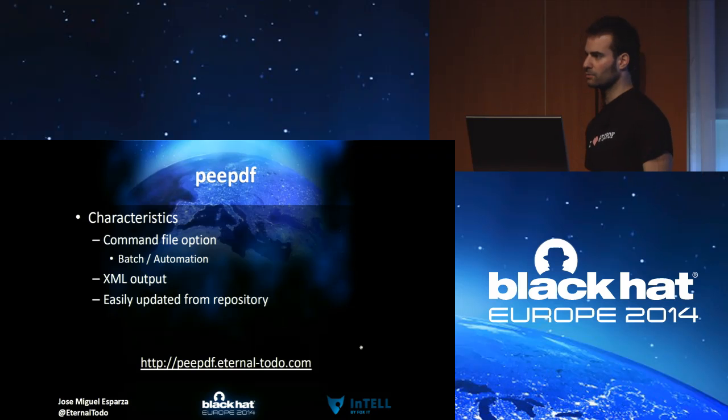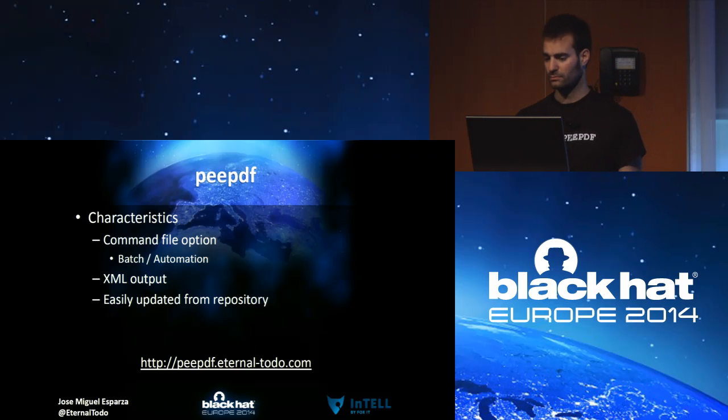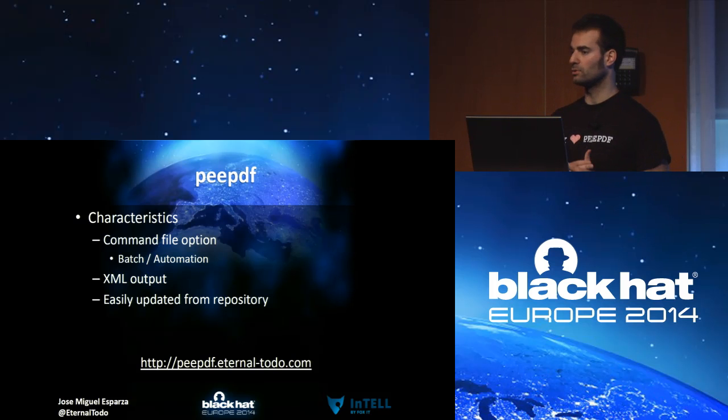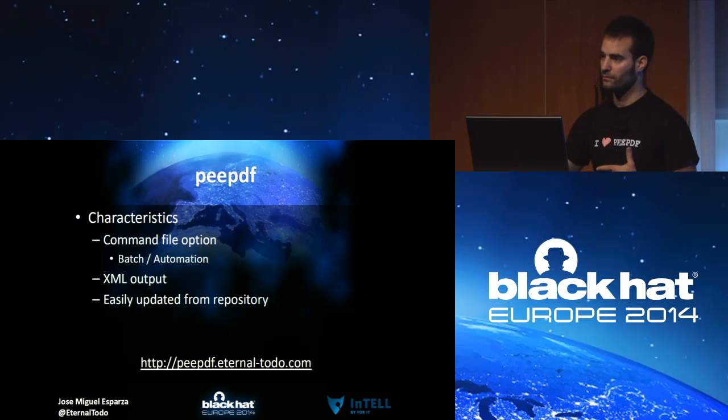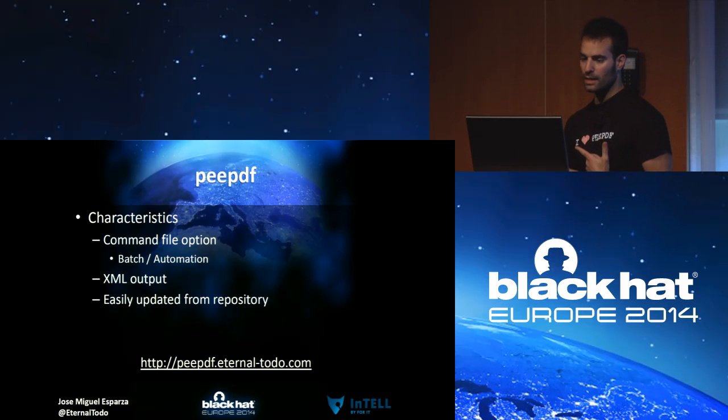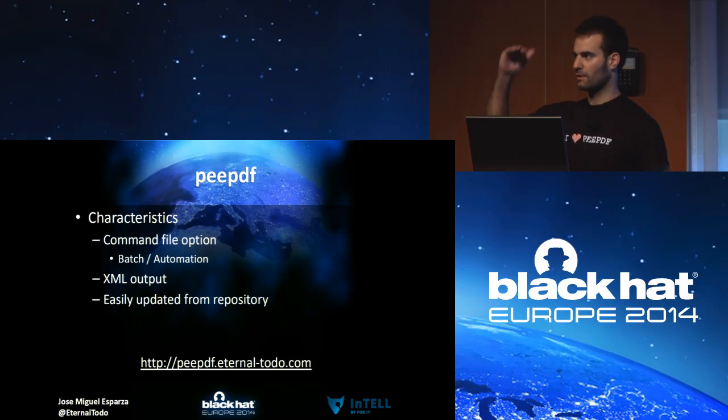You can execute the tool with a batch command, which I will explain later, that I showed you to beautify the code of the exploit kits, and you can use it as interactive, that is -i, and you can use it like basic, just to have a summary analysis of a PDF file.